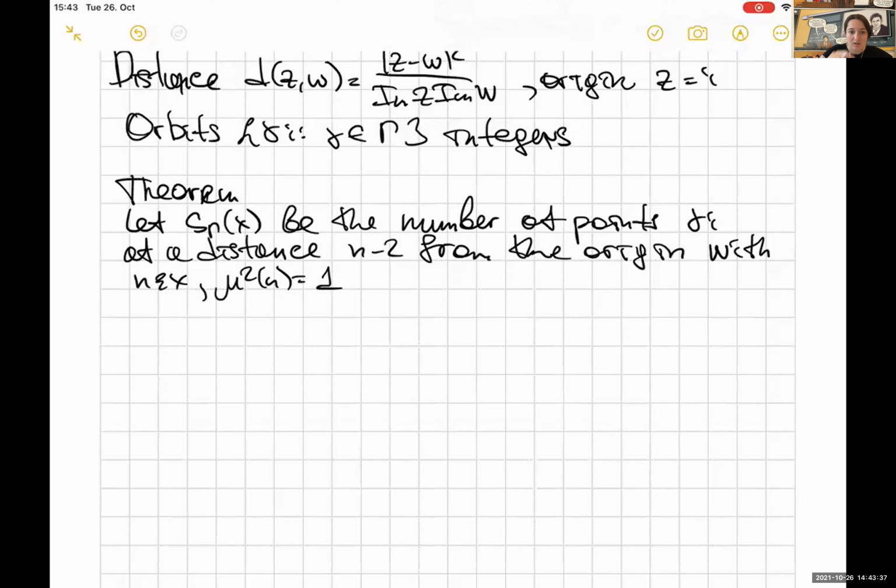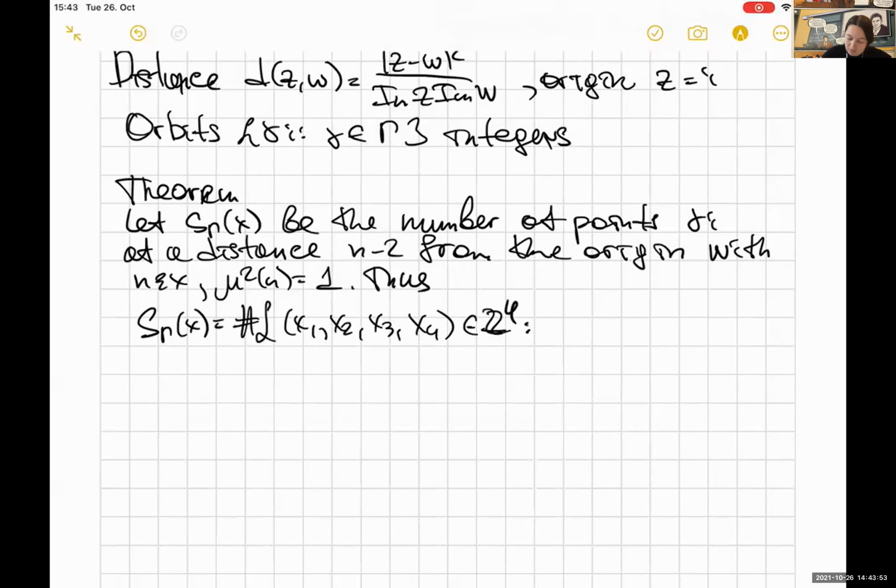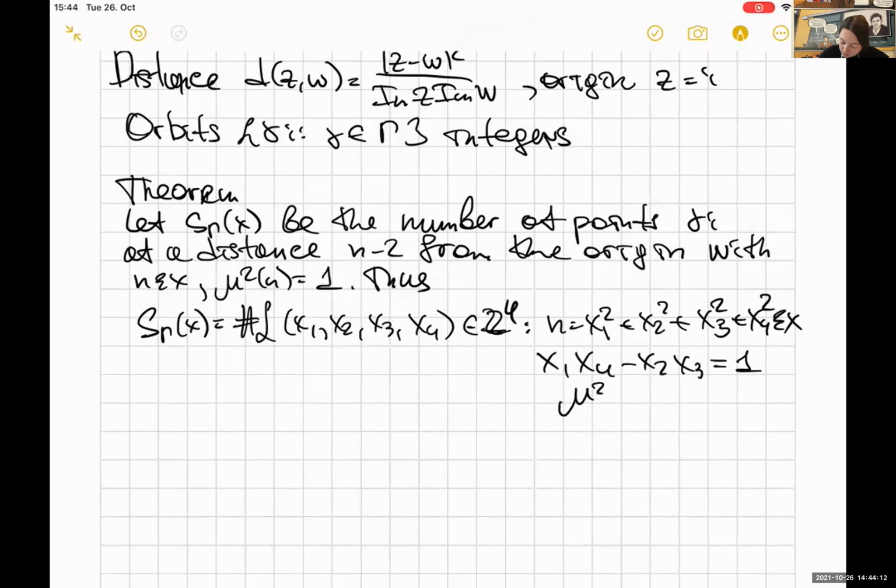This means that S_Γ(x) just counts the number of quadruples (x1, x2, x3, x4) in Z⁴ such that n is equal to the sum of four squares x1² + x2² + x3² + x4² up to x, and we have the hyperbolic condition x1x4 − x2x3 = 1, and in addition we have μ²(n) = 1.